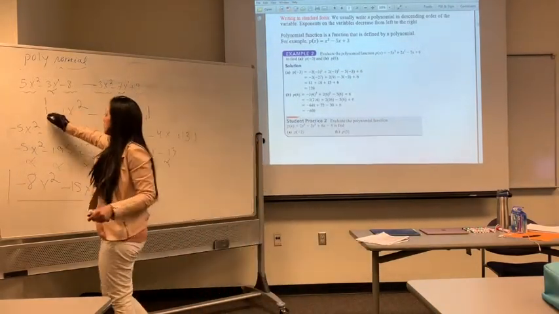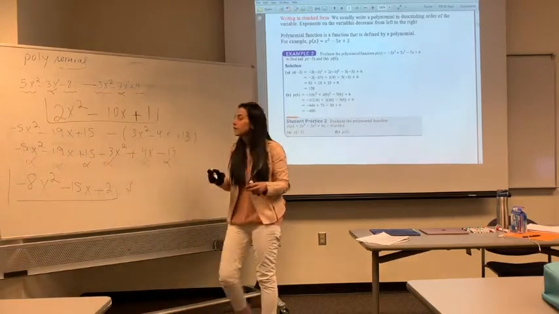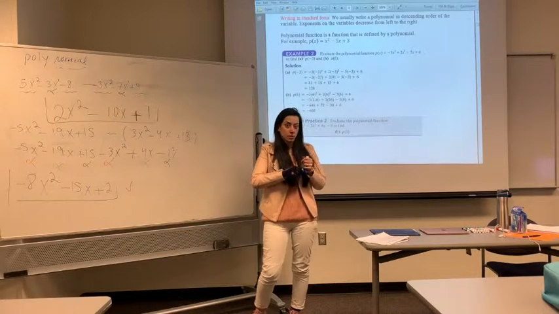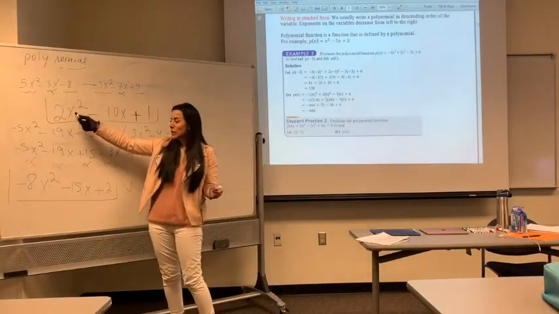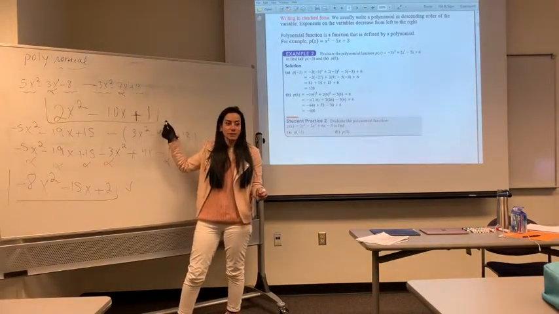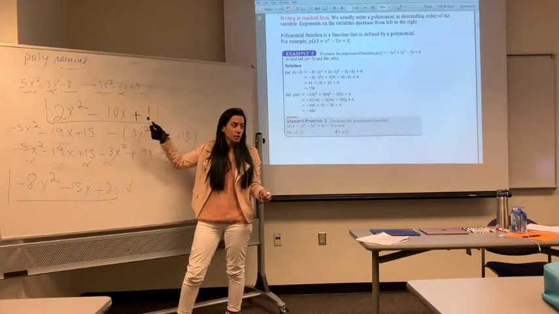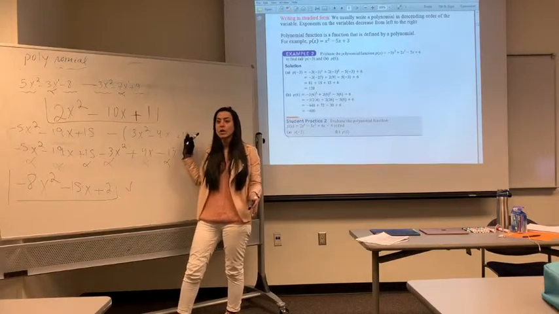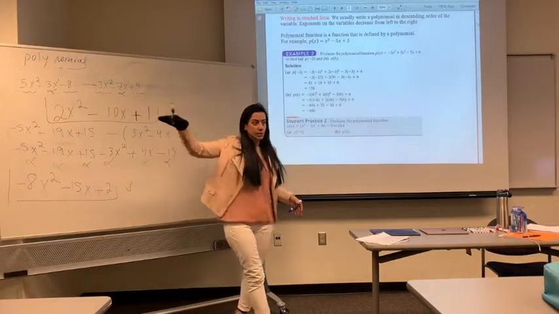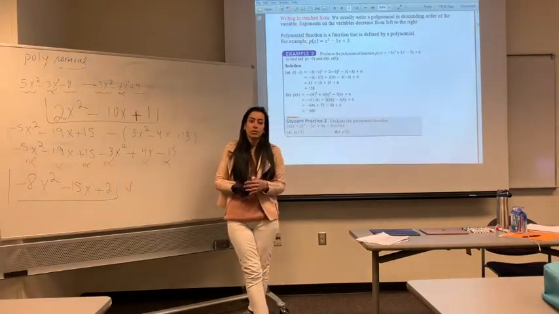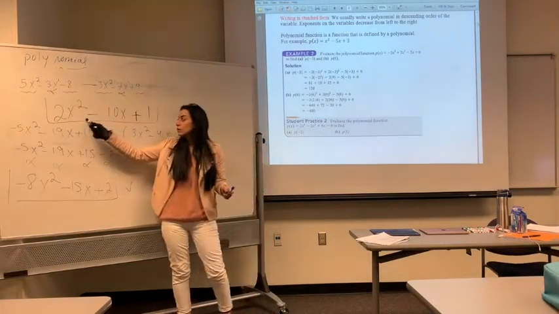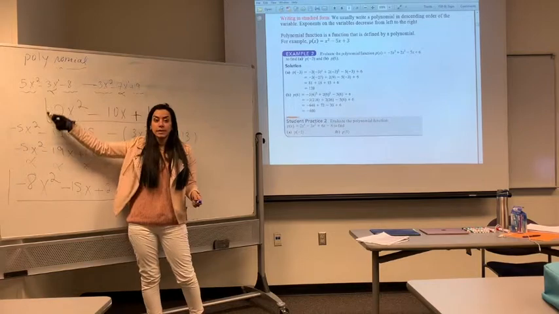The standard form says to order all of the terms in this way: the highest degree first, then the next one, and the lowest one. If you have many terms, you have to order them in a decreasing way. All the exponents should decrease from the left side to the right side. And then this one is the leading term.